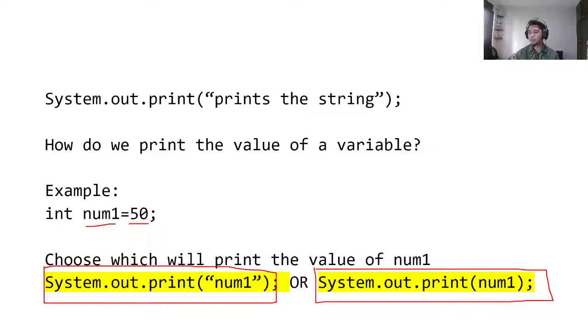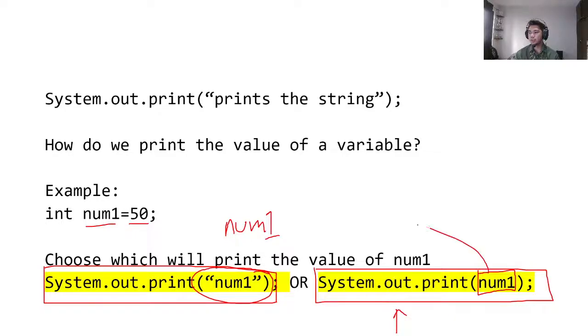So pause the video for a few seconds, think about it, and if your answer is this one, you are correct, because the first option has quotation marks. Therefore, what will be printed is the characters NUM1. While this one is treated as a variable.